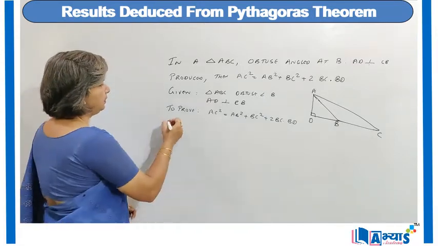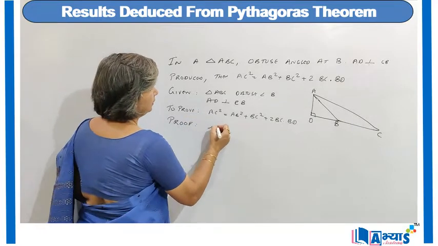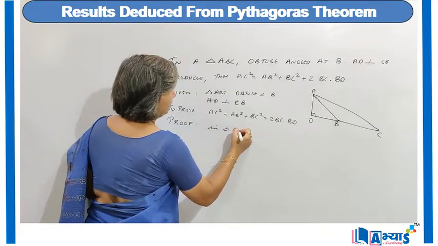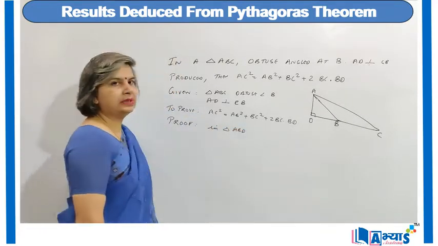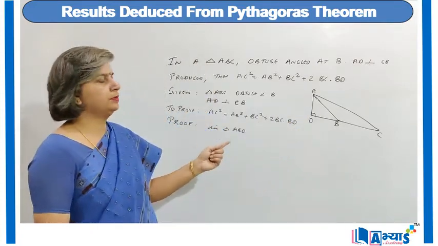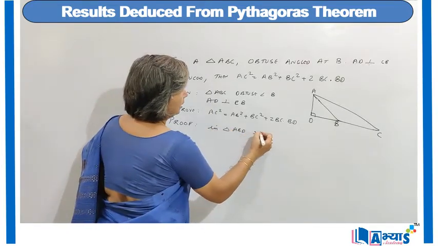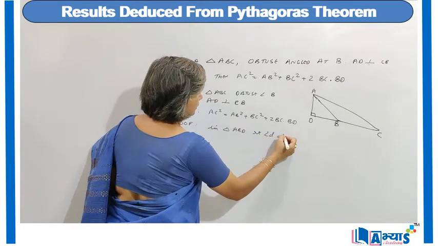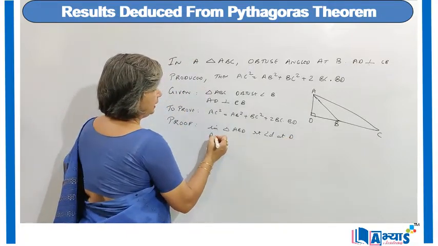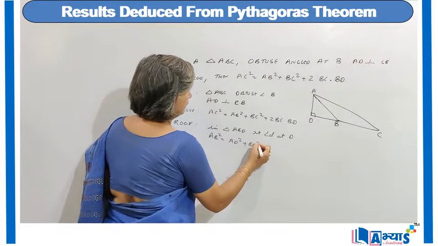For this the proof will be, let us take triangle ABD. Angle D is 90 degrees. So AB is the hypotenuse because this is the side opposite to angle D. So in triangle ABD, right angled at D, we can say that AB square is equal to AD square plus BD square.